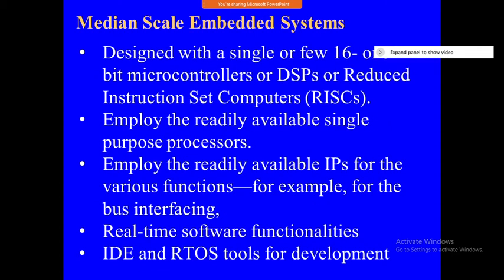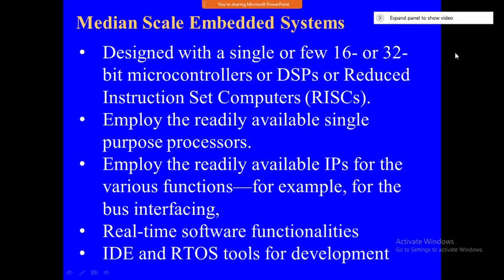Next, we'll go for the medium scale embedded system. Here in the medium scale, it is designed with 16 or 32-bit microcontrollers or DSPs or reduced instruction set computers. These are the things that will be added. It is going to employ readily available single purpose processors and readily available IPs.